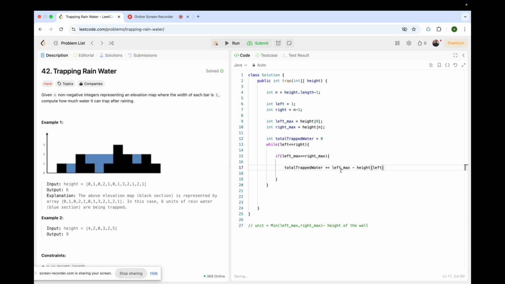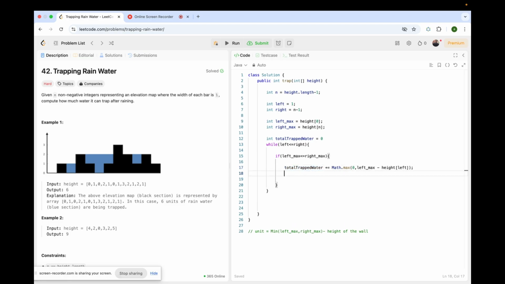But if left max is smaller than the height of the wall, this value will come negative, and we cannot store a negative value. So we will take Math.max of 0 and this value. If this value is greater, we will consider it; if it is negative, we will add 0 to the total trapped water.